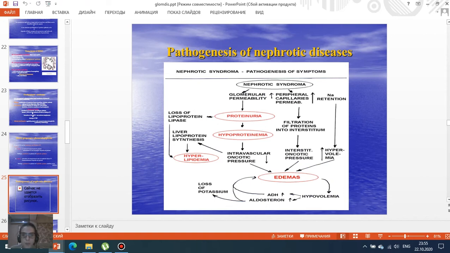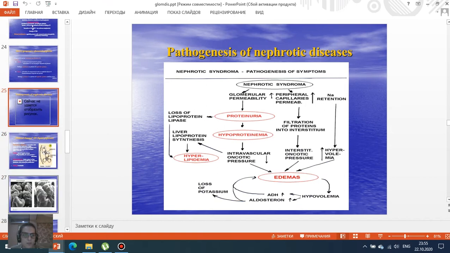Proteinuria leads to hypoproteinemia and decreased intravascular oncotic pressure, leading to edema. Peripheral capillary permeability leads to filtration of proteins into the interstitium, and to edema. Increased sodium retention leads to hypervolemia and edema.